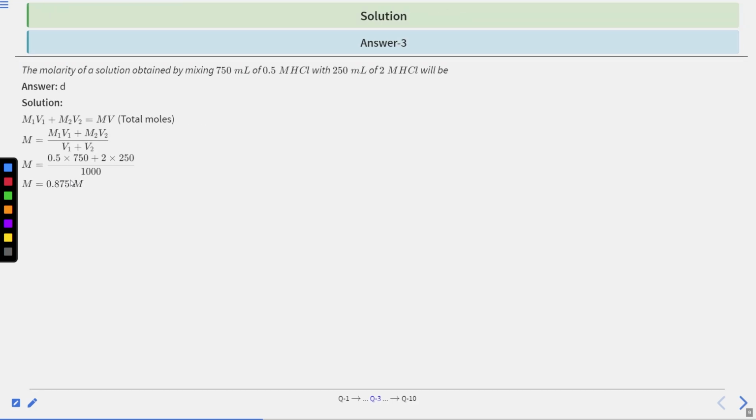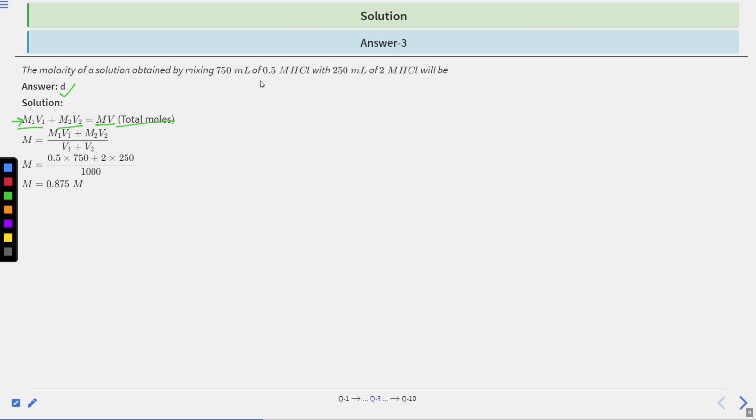Okay. So the correct answer is option D. We use this equation: M1V1 plus M2V2 equals MV, where M1 and M2 are the molarities of the two solutions, and V1 and V2 are their volumes. MV is the final molarity and final volume of the solution after mixing, which gives the total moles. So molarity is M1V1 plus M2V2 upon V, where V is the total volume, V1 plus V2.